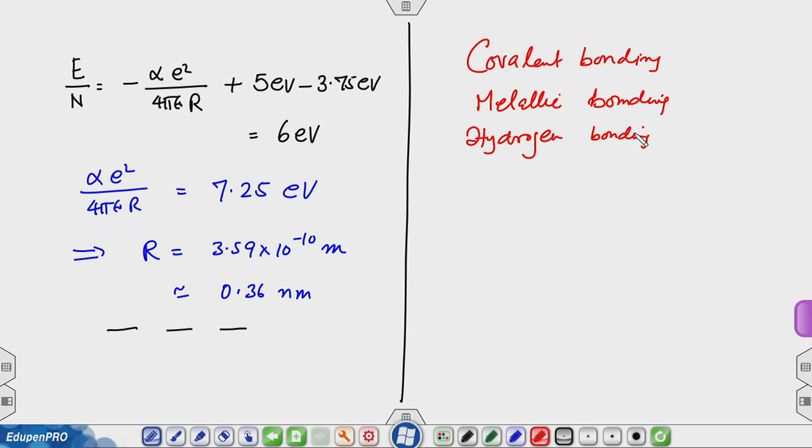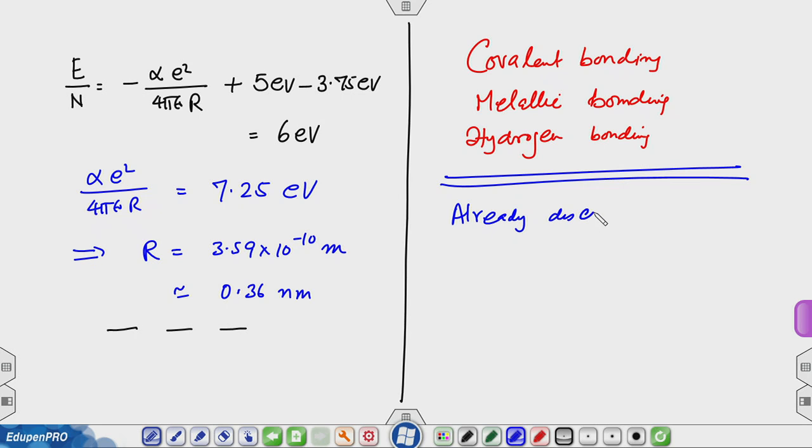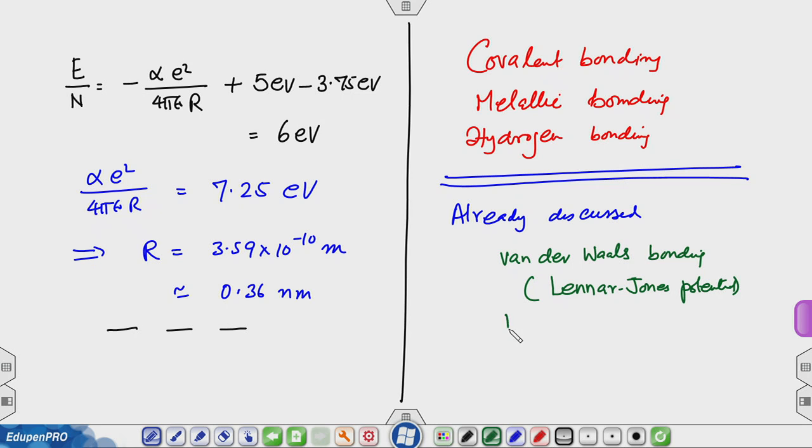These are the kinds of bonds that are formed in a crystal, and the ones that we have discussed are called van der Waals bonding, which was the Lennard-Jones potential, and ionic bonding.